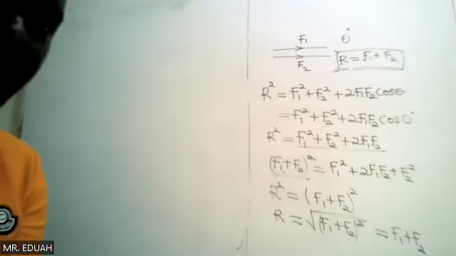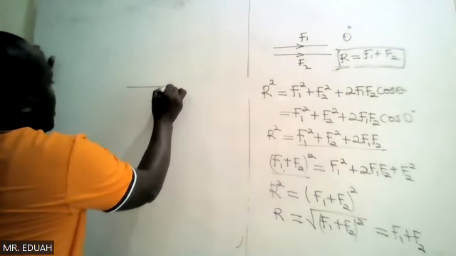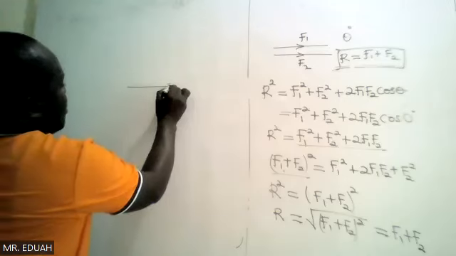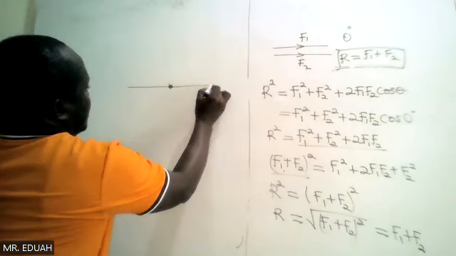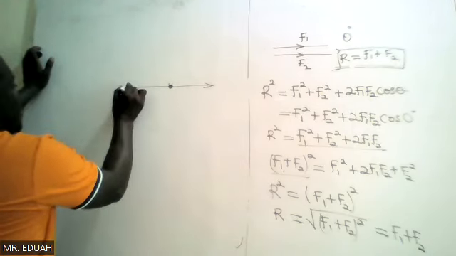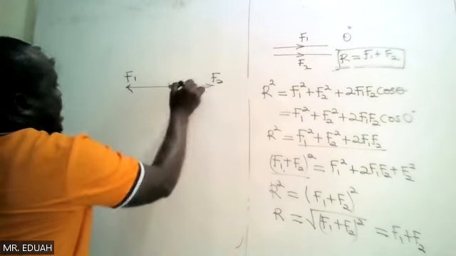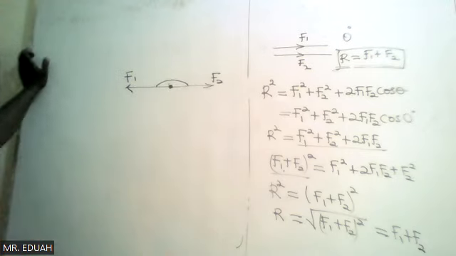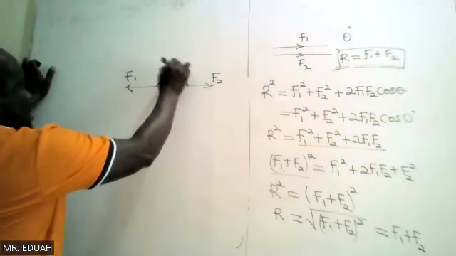Let's look at another instance. When the two vectors are opposites, they are acting concurrently on a body at the same time. This is F1. This is F2. What's the angle between them? 180 degrees.